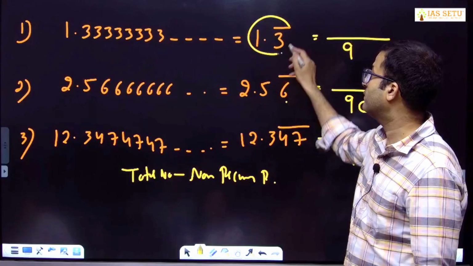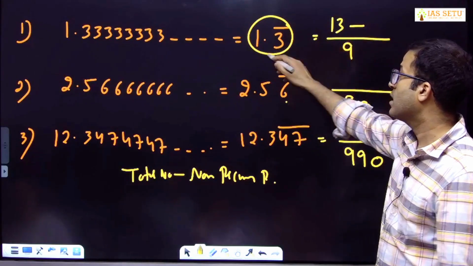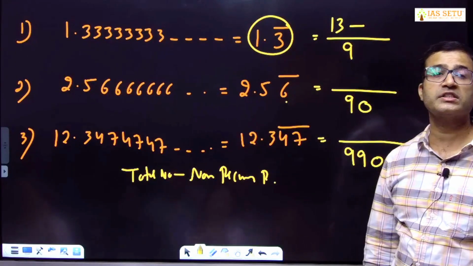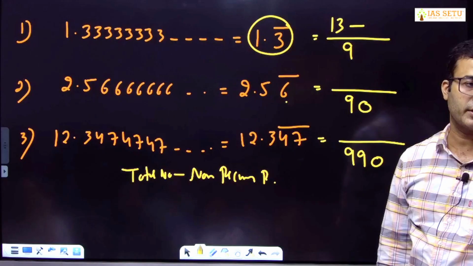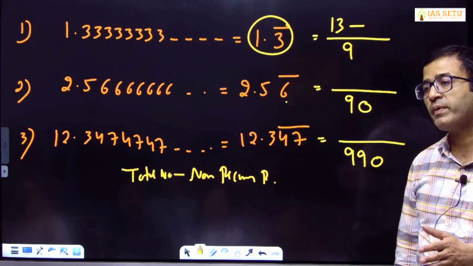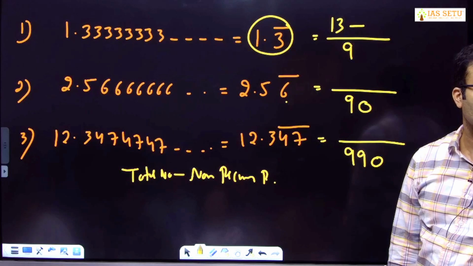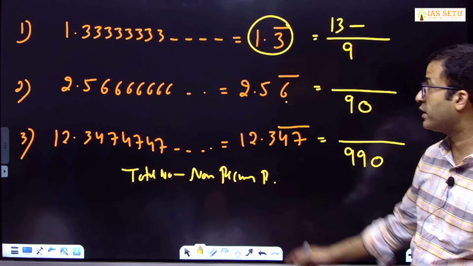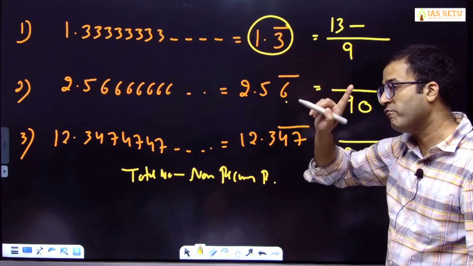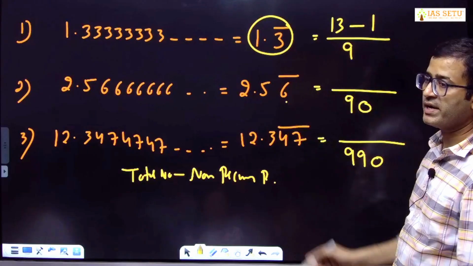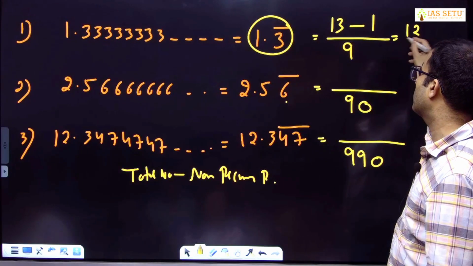What is total number? 13. Out of 1 and 3, which is recurring? 3. So 1 is non-recurring. So your non-recurring part can be before the decimal also. So here total number minus non-recurring. So this time what is non-recurring? 1. So 13 minus 1. So it is 12 by 9.